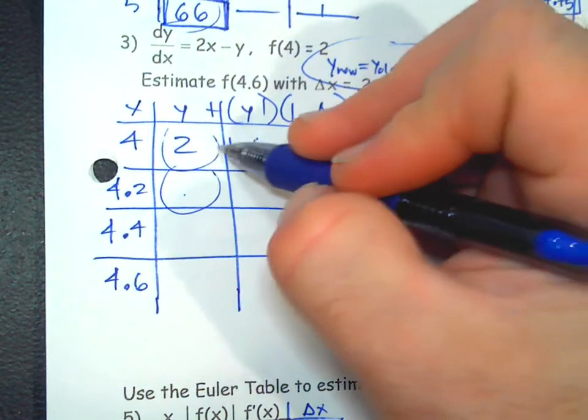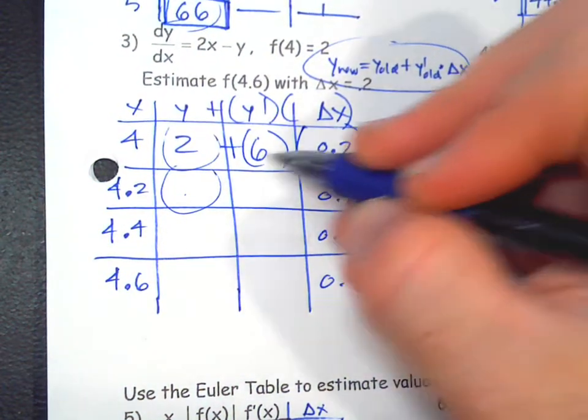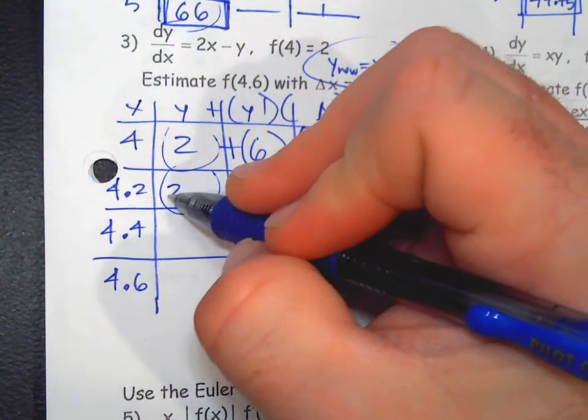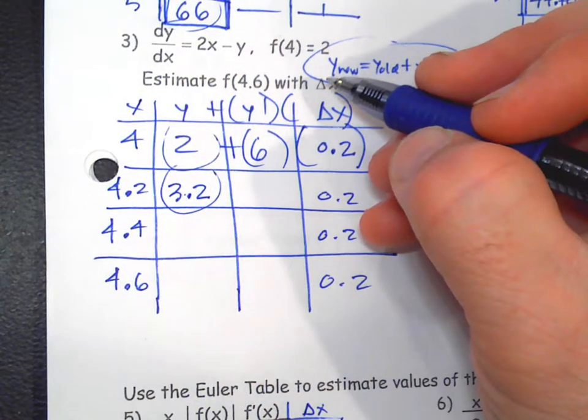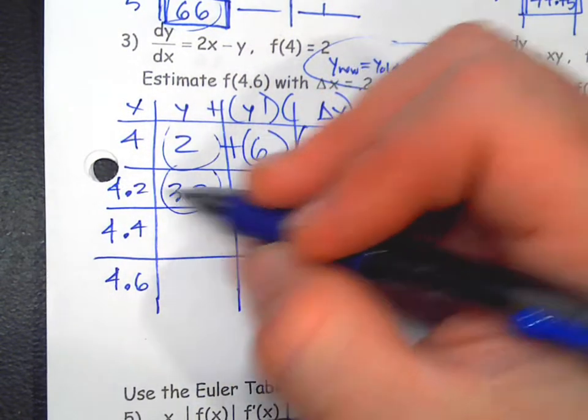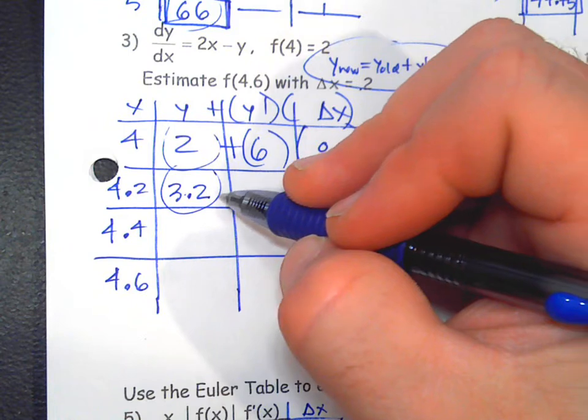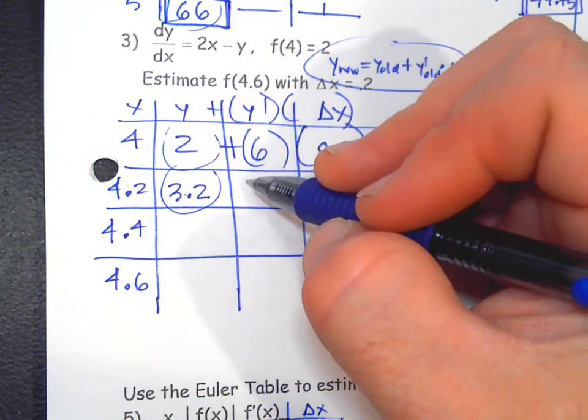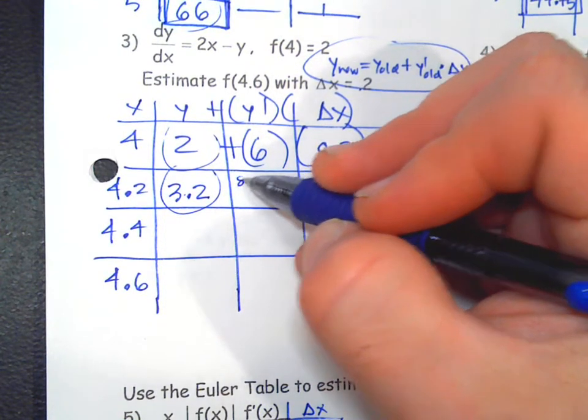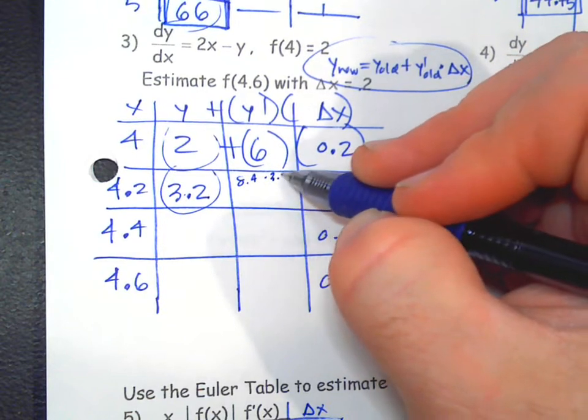New one's going to be this plus this times this. Now it's going to be 1.2, so it's going to be 3.2. And so it's going to be 2 times x, 8.4 minus 3.2, is going to be 5.2.